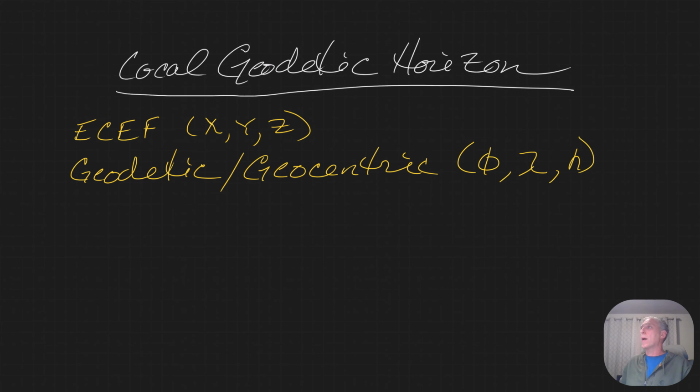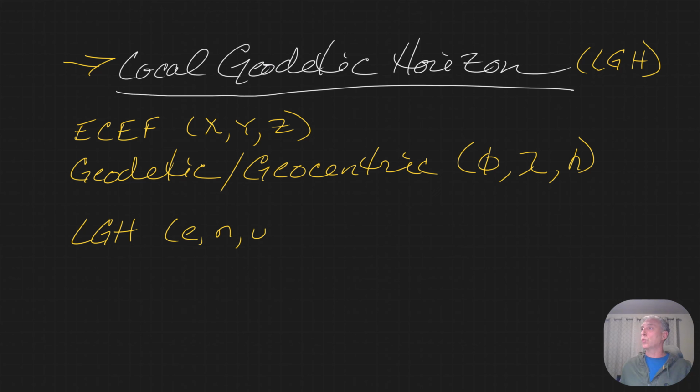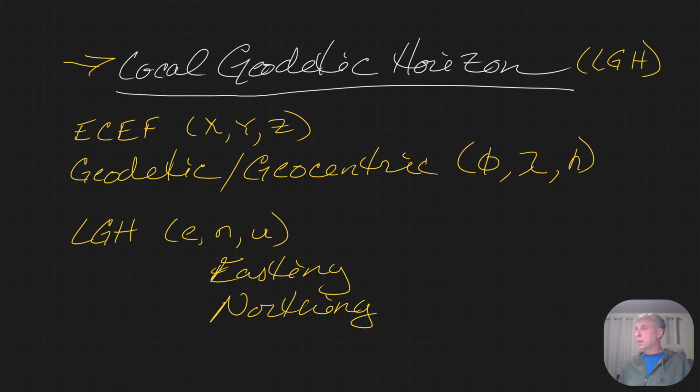Today, we're going to talk about the local geodetic horizon, or LGH coordinates. And so the LGH coordinates are what we're used to seeing as the ENU, or easting, northing, and up.